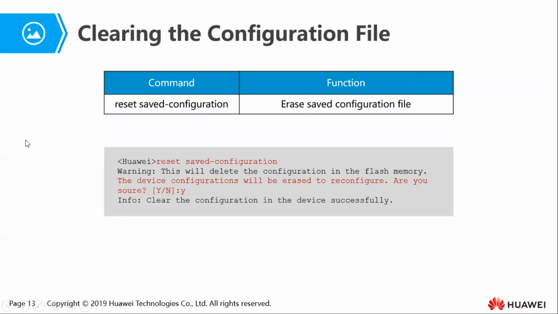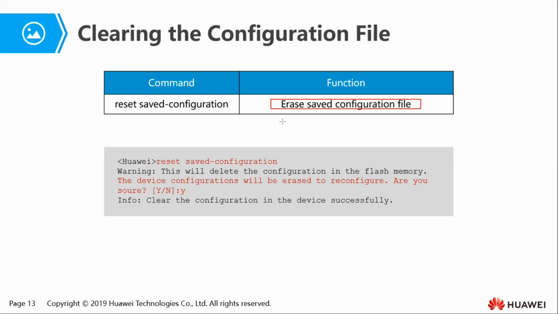Then we have reset saved configuration. Reset saved configuration erases the saved configuration file.